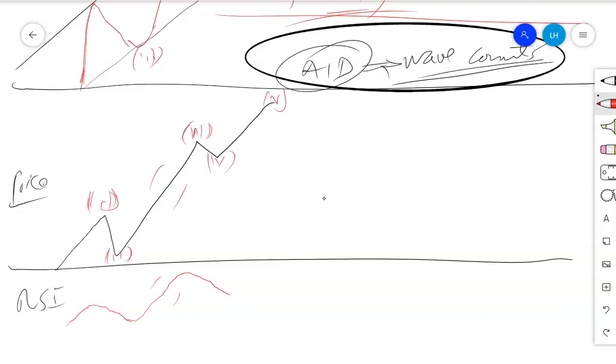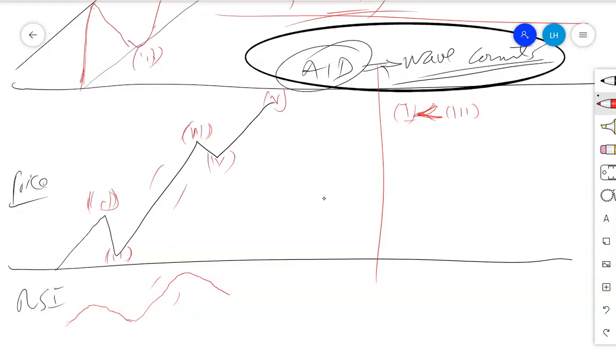Now I want to show you the variability in the fifth wave. In the fifth wave, it depends. I've said that the first wave usually has less volume compared to the third wave. This is almost common, almost the same way most of the time.